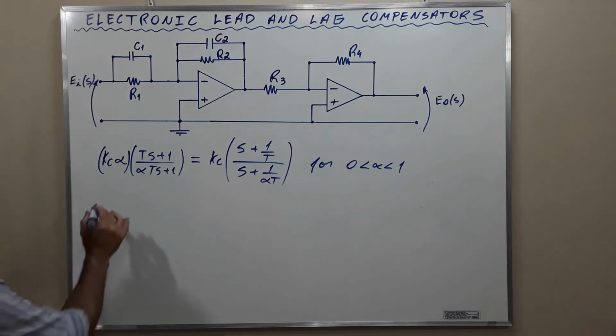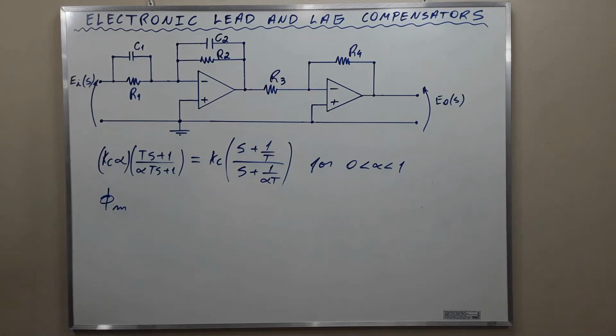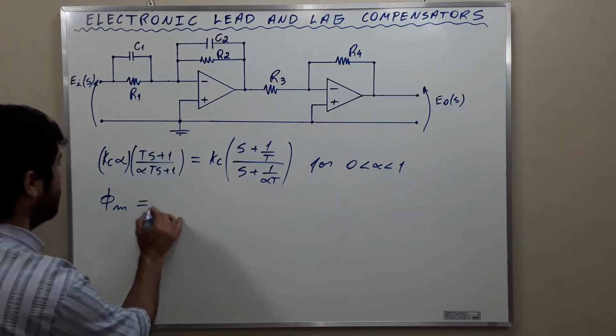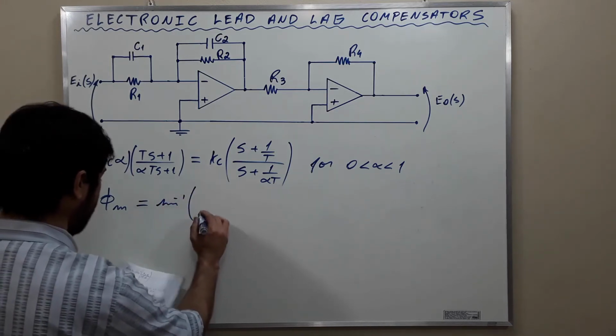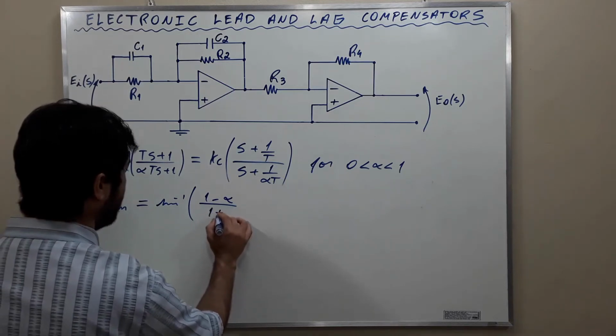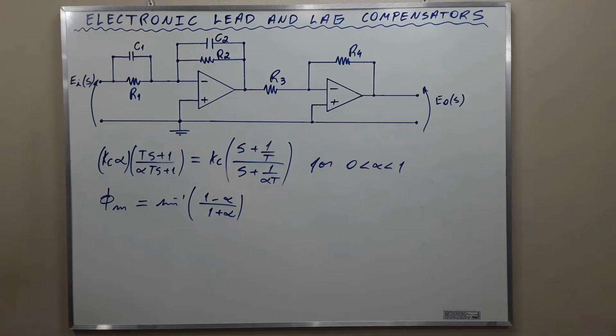The maximum phase lead is this angle here. We want to know the maximum phase lead provided by this compensator. The maximum phase lead is, by definition, the inverse sine of (1 minus alpha) over (1 plus alpha). Okay? This is the maximum phase lead.